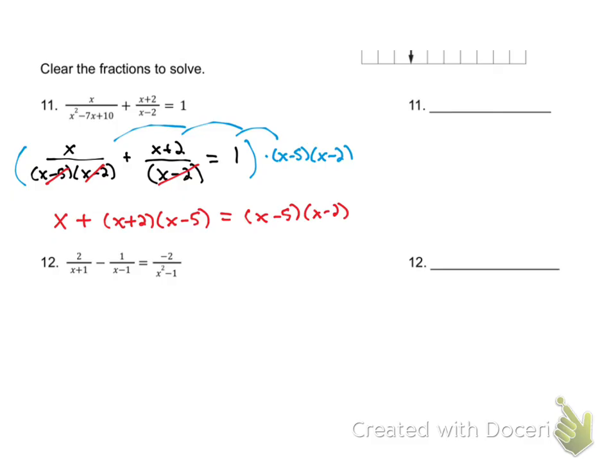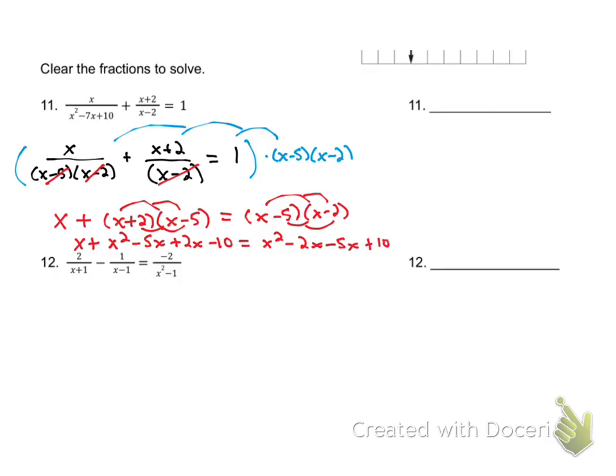So I need to FOIL x plus 2 times x minus 5. So that will give me first x squared, outer negative 5x, inner plus 2x, last minus 10 equals, and so that will factor, actually first x squared, outer negative 2x, inner negative 5x, last plus 10.